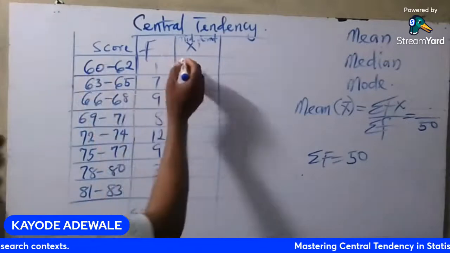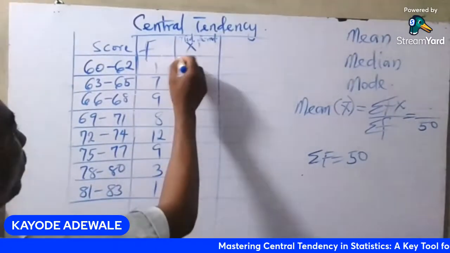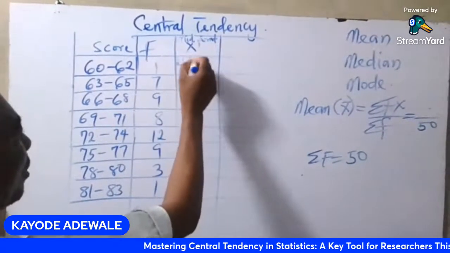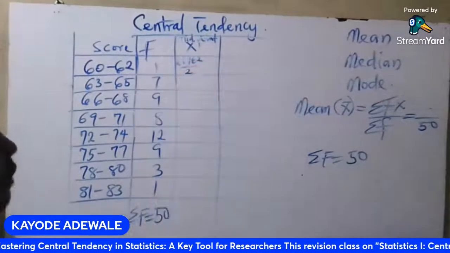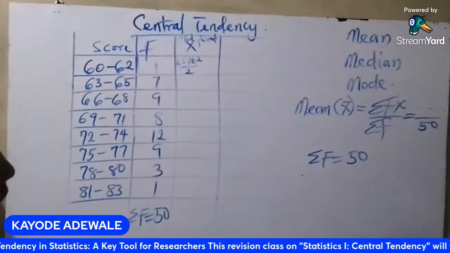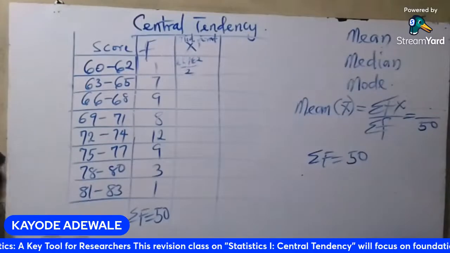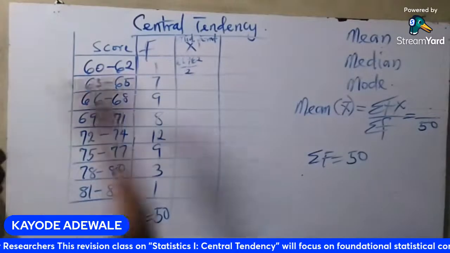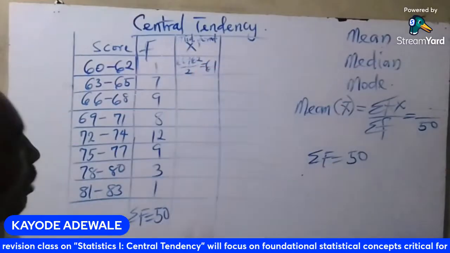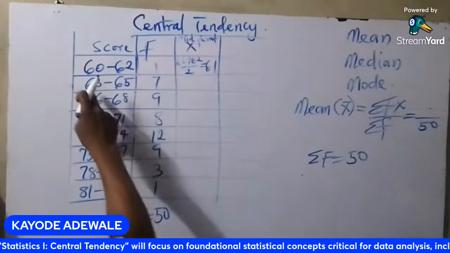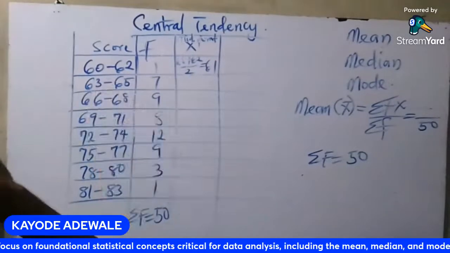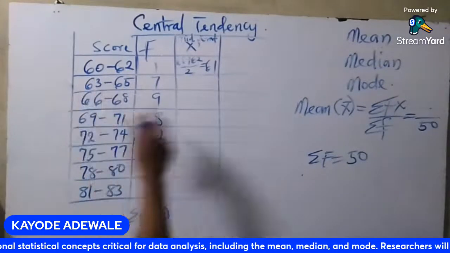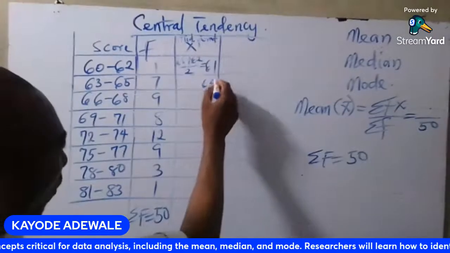This place is talking about 60 plus 62 and divided by 2. 60 plus 62 will give me 122. When you divide 122 by 2, that will give us 61. So that is the midpoint. If you do the same thing to this one, it's going to give you 128, and when you divide that by 2, it will give you 64.